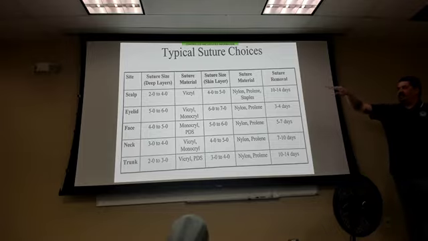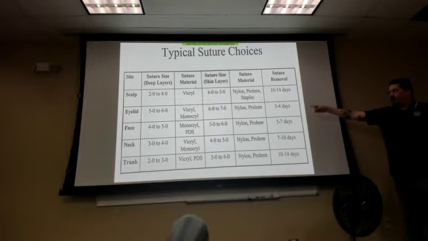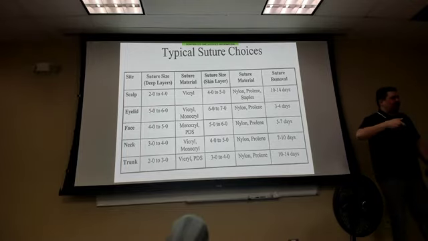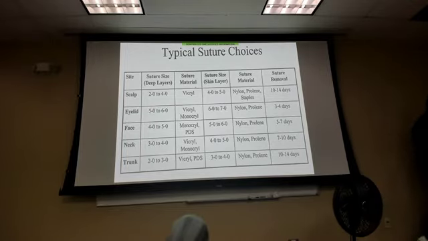If it was deep, then I would have to do skin also. So I would use 4 to 5, and it can be nylon or Prolene or just staple it up, okay? You will have that as a question, I promise.